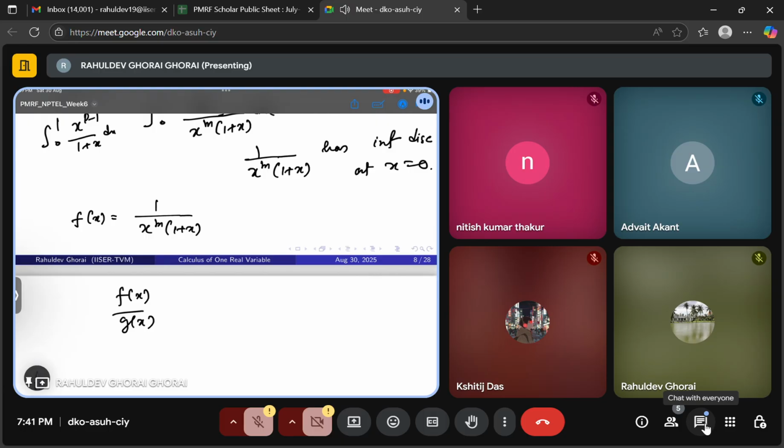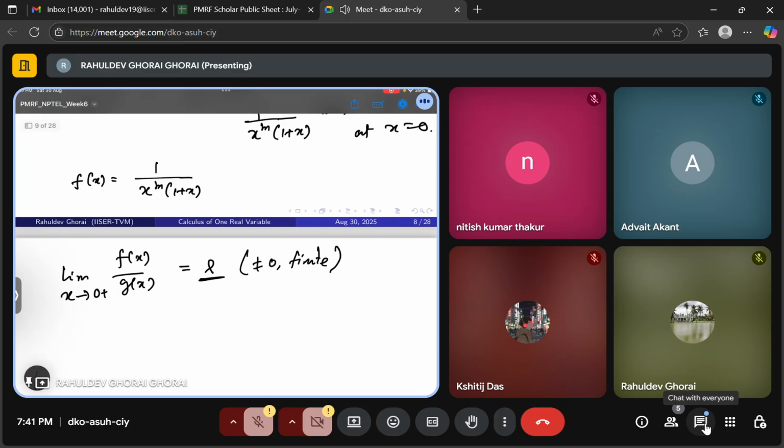So the limit as x tends to the point of discontinuity 0 plus has to be equal to L, to find a function g(x) such that L is not equal to 0 and finite. And that function g(x) should be a simple function, so that we can talk about the convergence of that one.